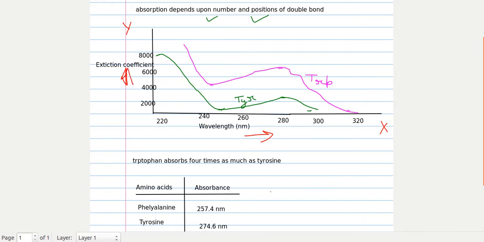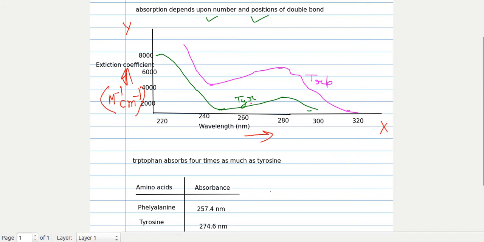Extinction coefficient is measured in per mole, per molal or molarity, and per centimeter. Molarity is the unit of concentration. So the extinction coefficient is per molarity per centimeter.